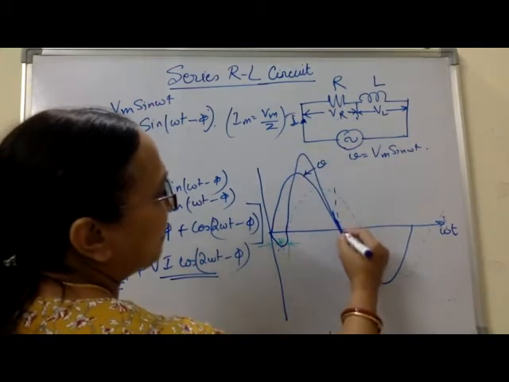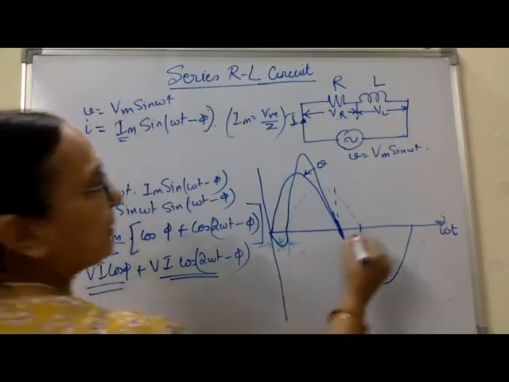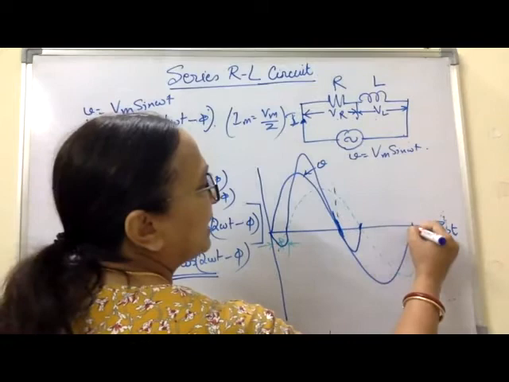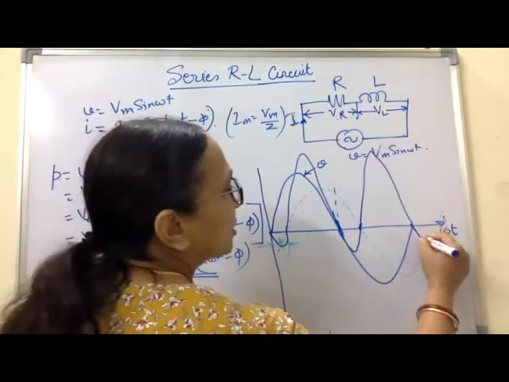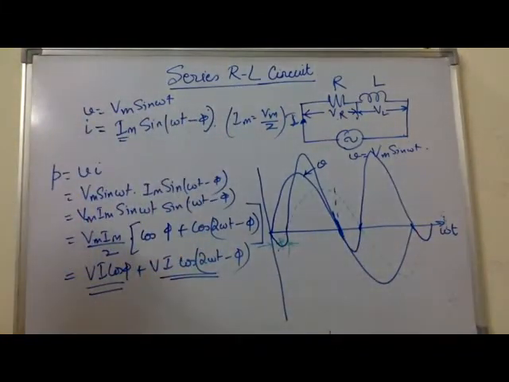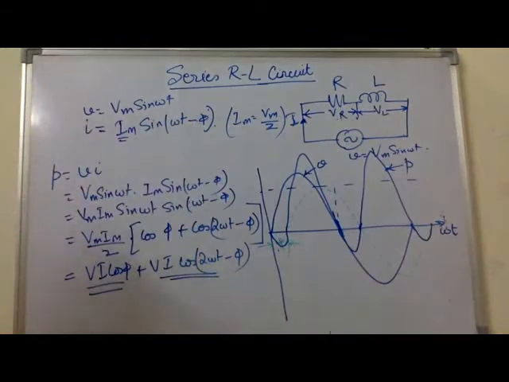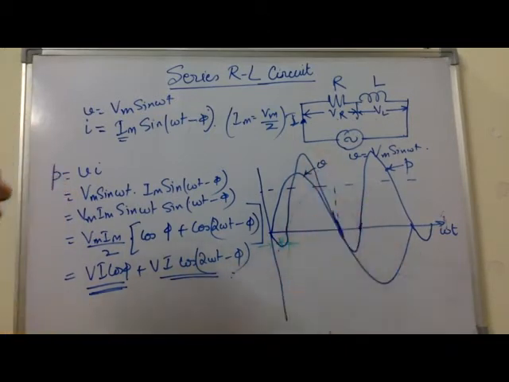Again, when the voltage becomes negative and current is positive, the power will be negative. Again, when both the voltage and the current are negative, the power will be positive, and this is how it goes on. So when you calculate the average of this power, some average power will be consumed in the circuit and the instantaneous power will be oscillating at double the input frequency.